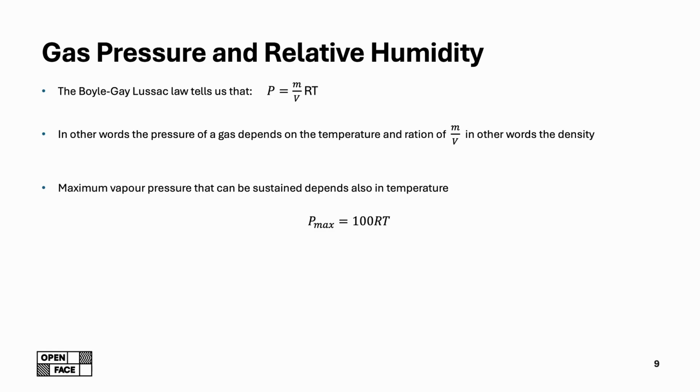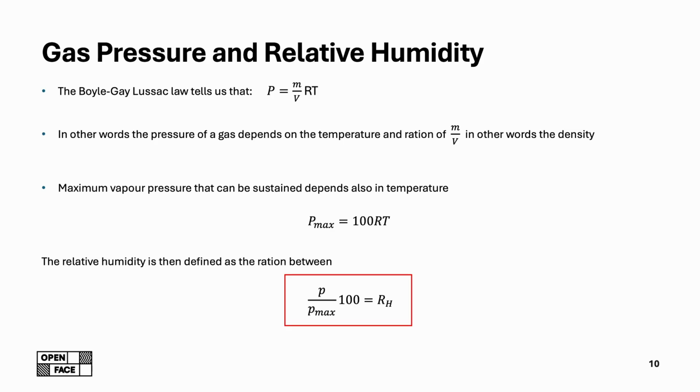This is the maximum pressure, and this is the so-called pressure of saturation. So it's the pressure where the air will condensate, the moisture in the air will condensate. So the relative humidity, in fact, is defined as the ratio between these two pressures, as you can see in this slide, times 100.